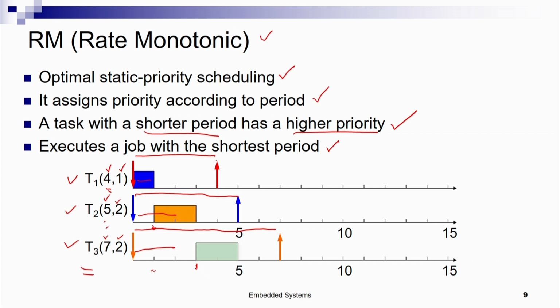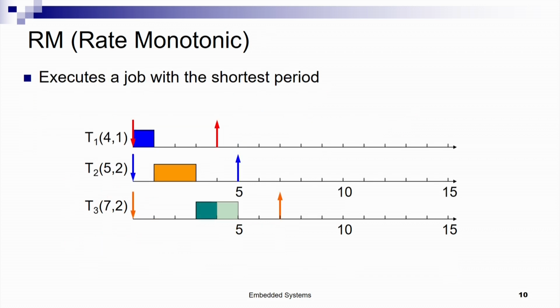At time 3, there is no job of T1 and no job of T2, and therefore, I can execute T3. T3 has an execution requirement of 2 time units, out of which it can execute for the first time unit.